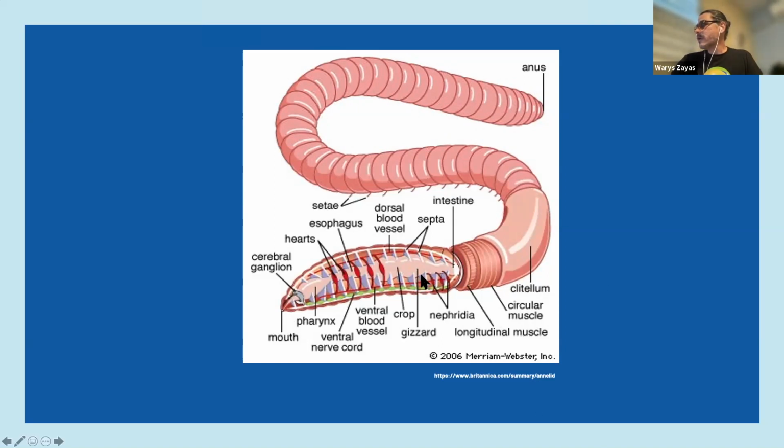They have a complex digestive system. If you see here some of the components of that system, there's a crop and a gizzard, the same parts as a bird's digestive system if you are familiar with birds. Why do they have a crop and a gizzard? The gizzard's function is to break down what they are eating, because earthworms do not have teeth, right?